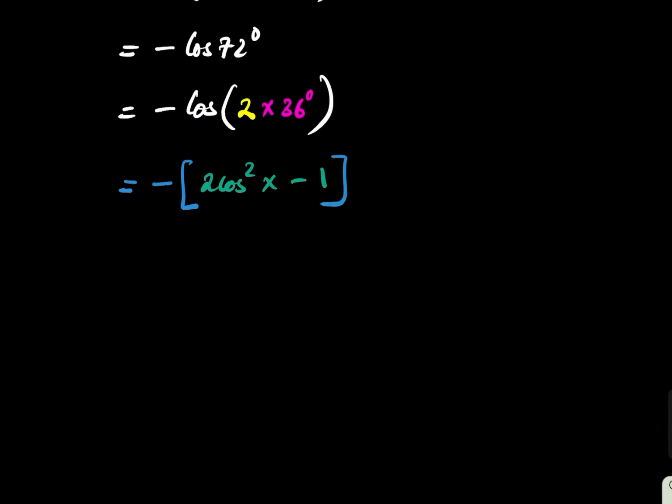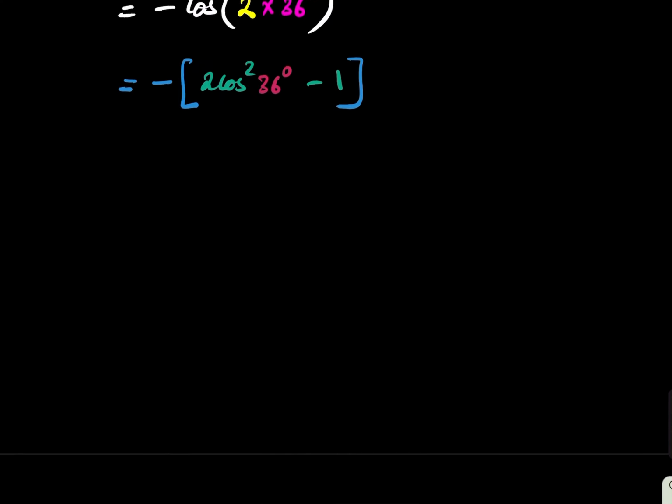Remember, you could have said it's 1 minus twice sine squared of the angle. But that angle right now is 36 degrees, because I know the value of that.